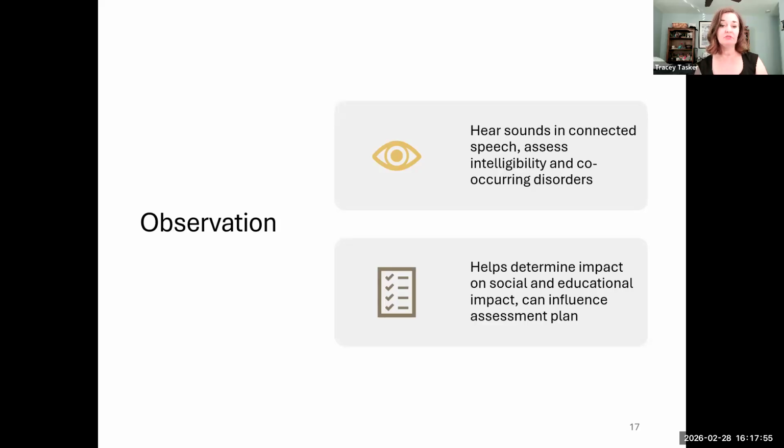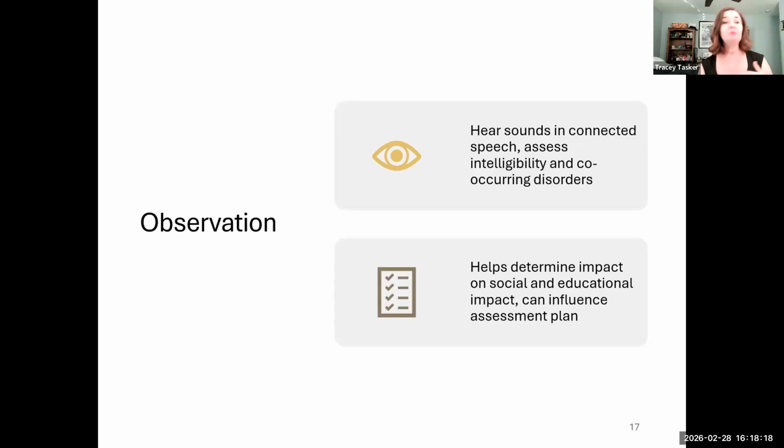It's great if you can do an observation. Again, it gives you an opportunity to hear sounds in connected speech, to look at intelligibility in different environments, and to look at those other domains of language. It's also going to help you put together that eligibility statement, which is how this is impacting this child in their daily life.